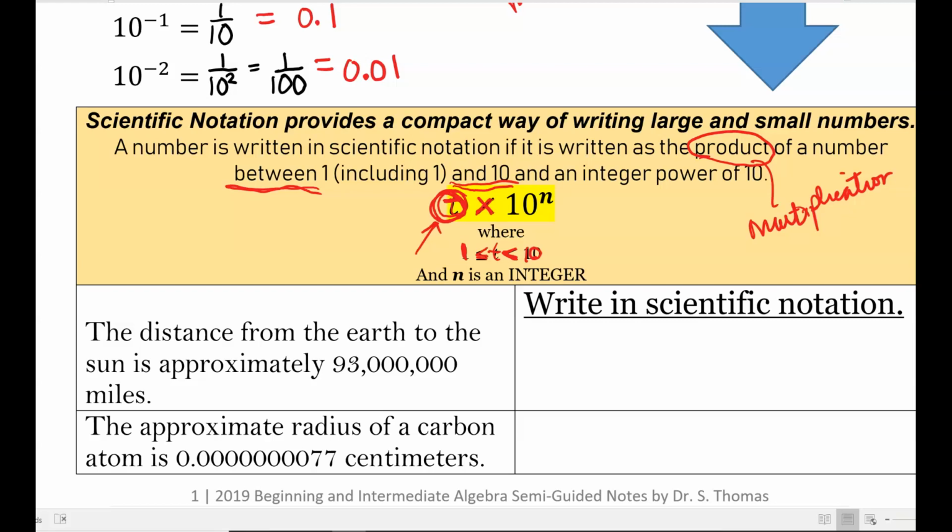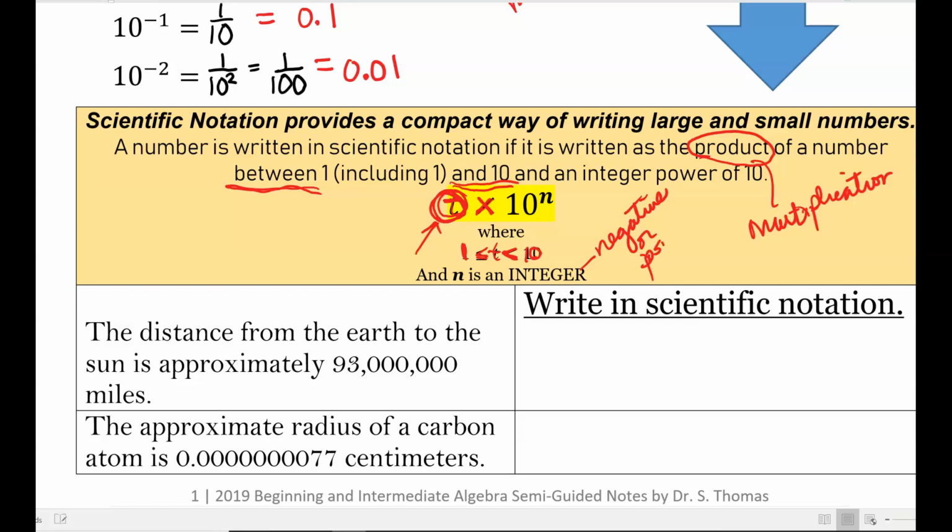N is an integer. Now, in the last section we talked about how you want your final answer to be a positive exponent. Well, scientific notation does not follow that rule for whatever reason. This n can be an integer, meaning it can be a negative or positive number.